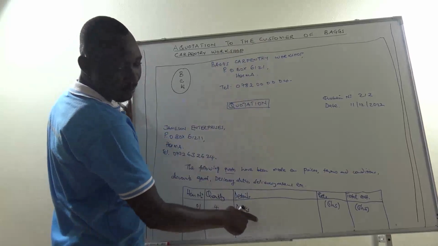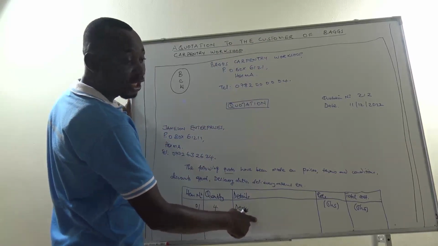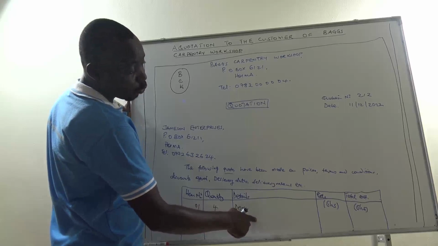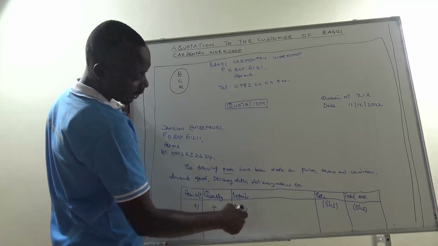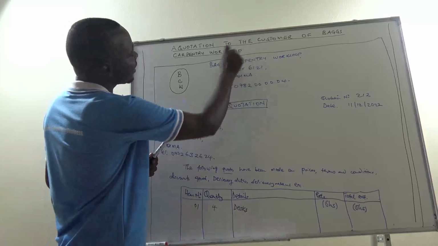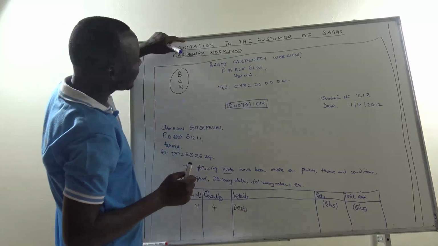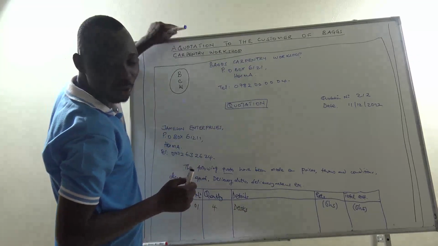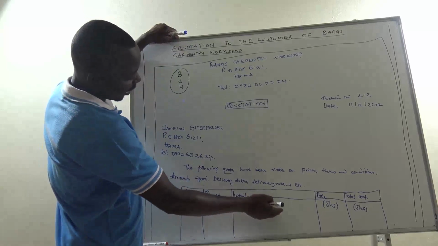Don't bring in your maize. Don't bring your mattresses. Don't bring in your water. Do not bring in your nails and iron sheets. Why? Those items are not in line with the business that we are dealing in. So that's why I said this one is a guiding question to guide us understand how this document can be prepared.